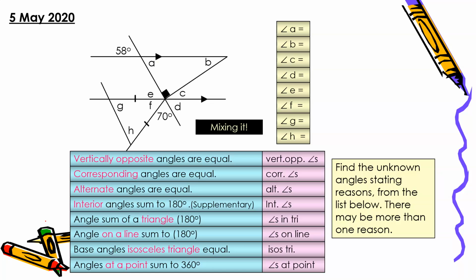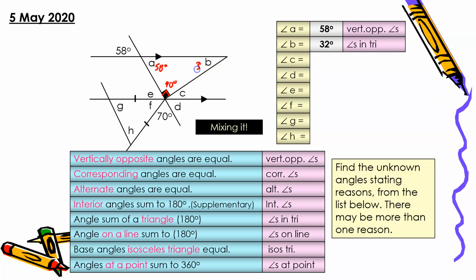So the first thing we can do is look at A. We can work out A is 58 degrees, and that's because it's vertically opposite 58. Now we've got that this angle is 90 because it's a right angle, so we can use angles in a triangle to work out that this one's 32.